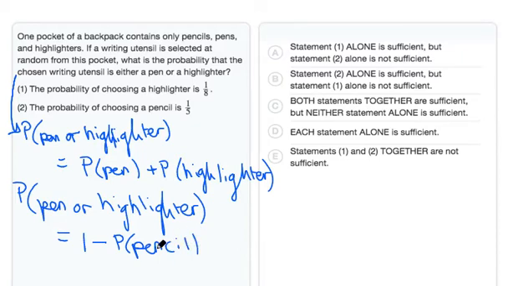Because the sum of our probabilities of finding a pencil plus finding a pen plus finding a highlighter would equal 100%, because this pocket contains only those 3 items.